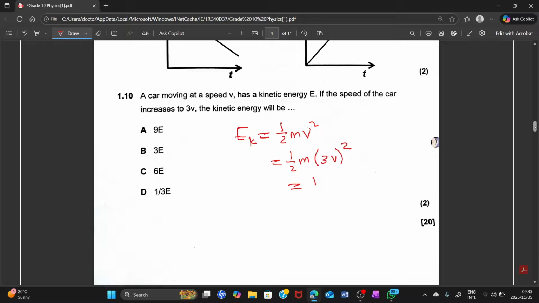So it will be 1 over 2 m (3v) squared, which is 9v squared. Take out the common factor of 9. You have 1 over 2 mv squared. So the answer will be 9EK. Yes, so the answer is A. That is how you do it.